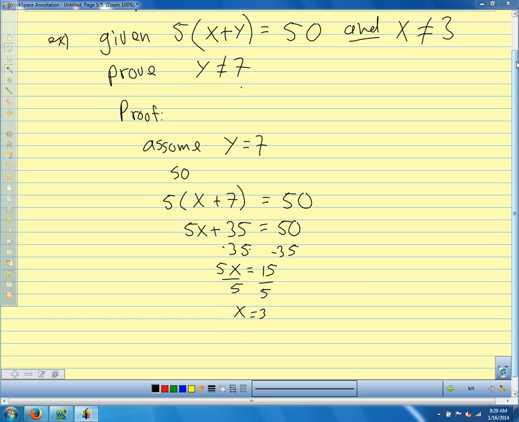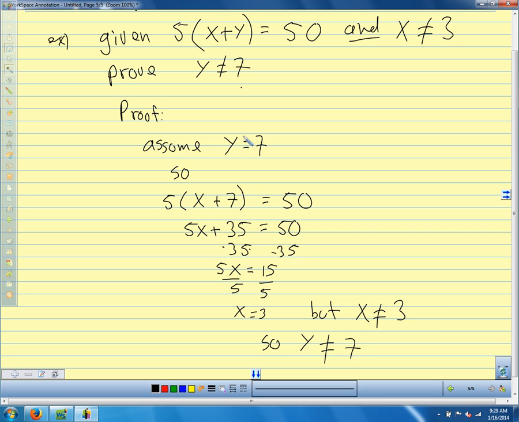Do we have a contradiction? Yes. We're given that x doesn't equal 3. So we'd say, but x is not equal 3. So our assumption is wrong. So what we were trying to prove has to be true. So y cannot equal 7.